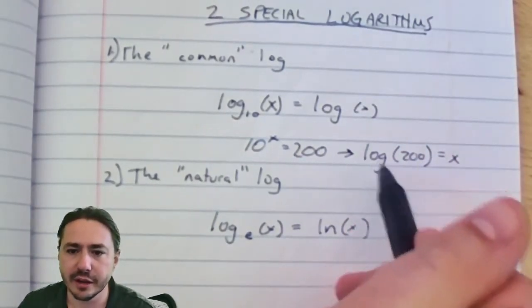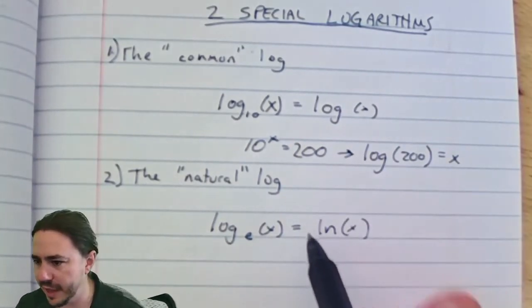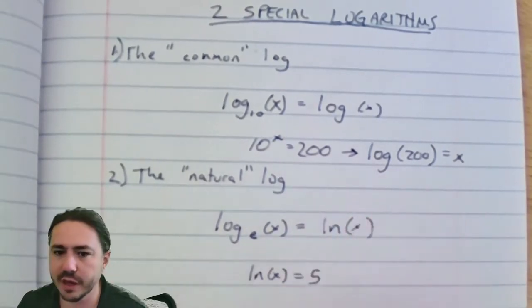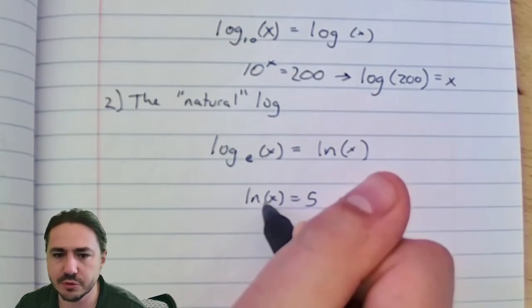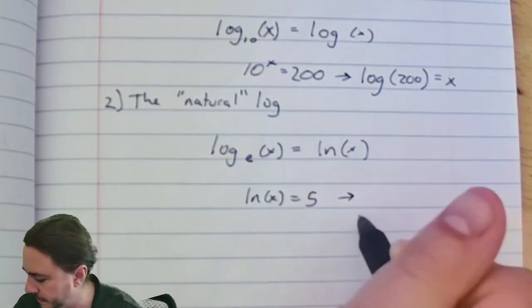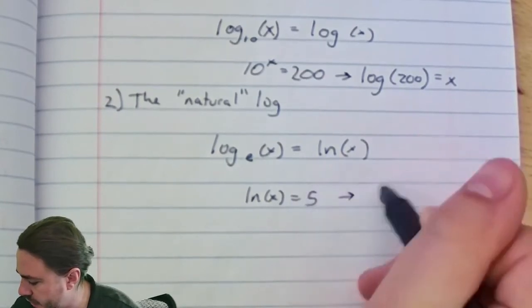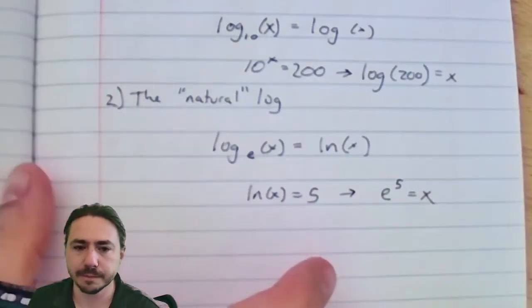You're not actually going to write the 10 here. Same thing here. Let's say you have the natural log of x equals 5. Well, let's rewrite this. The base here is assumed to be Euler's number. So you would say e to the power of 5 equals x. So you can kind of go both ways there.